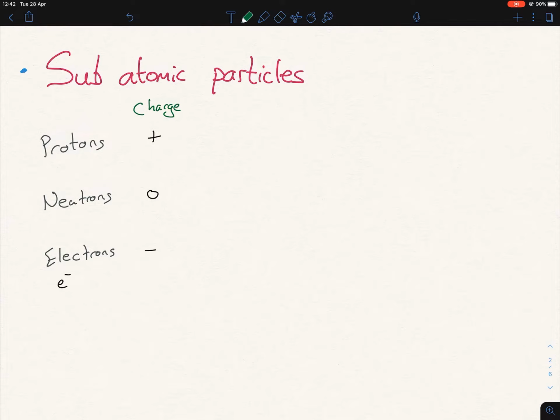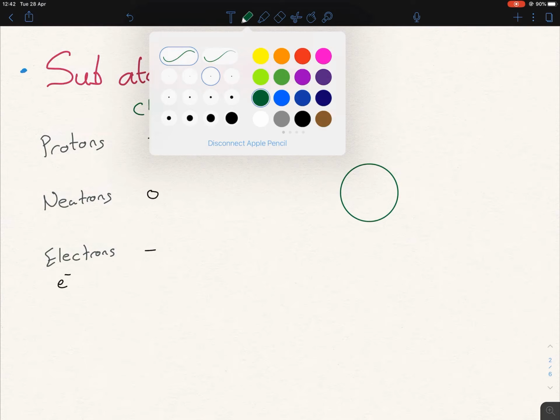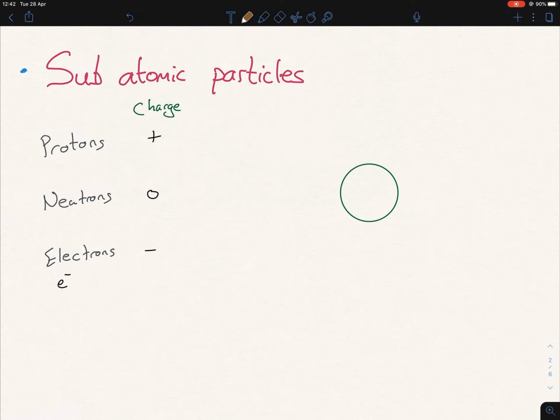So where in the atom are they located? Well, there's two parts to an atom, and I'll just draw it there. The first part is the center, which is the nucleus. Nucleus actually means the center. So that's what the center of an atom is called, the nucleus.